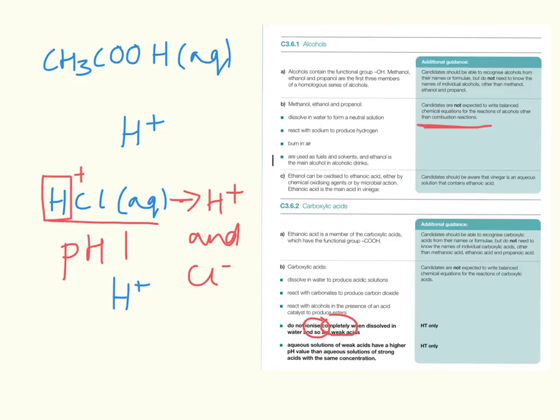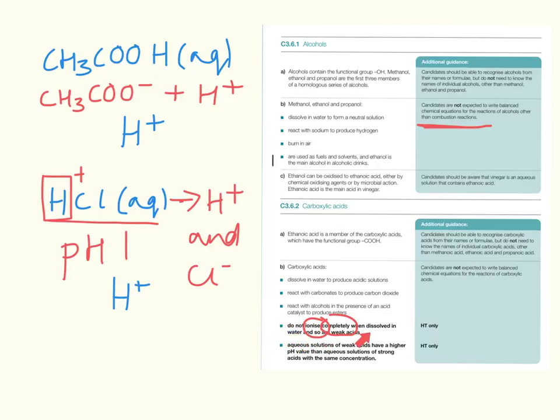Whereas with ethanoic acid here, it does not fully ionise, so you end up with these ions, but we say that it only partially ionises, or it does not ionise completely, and that sentence is written down here in the specification, does not completely ionise.